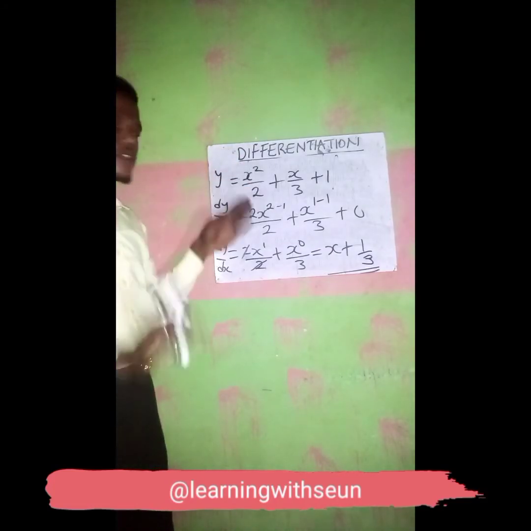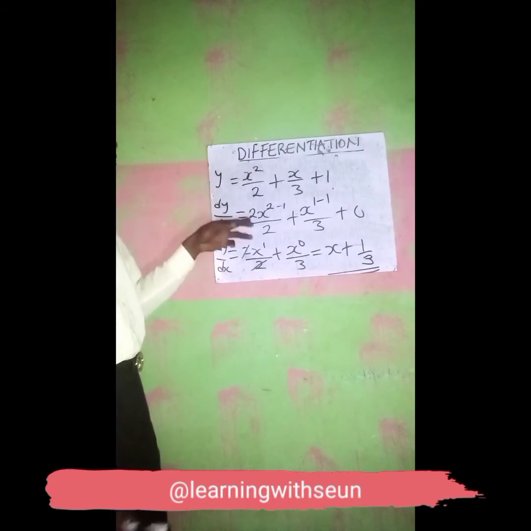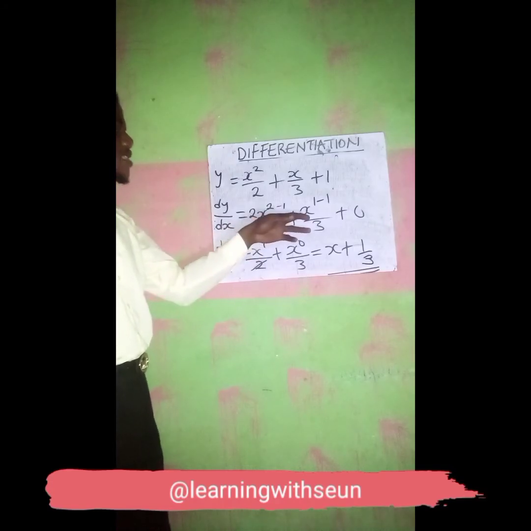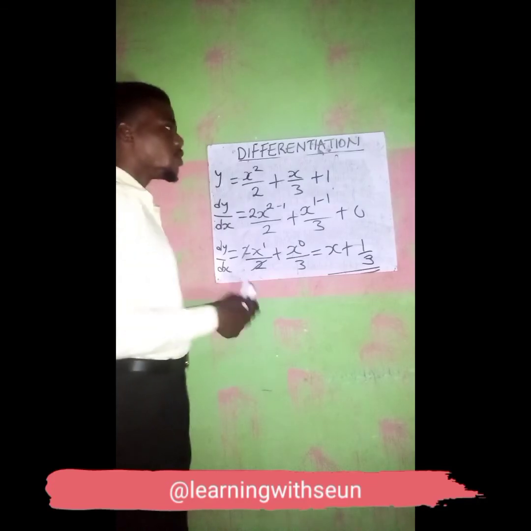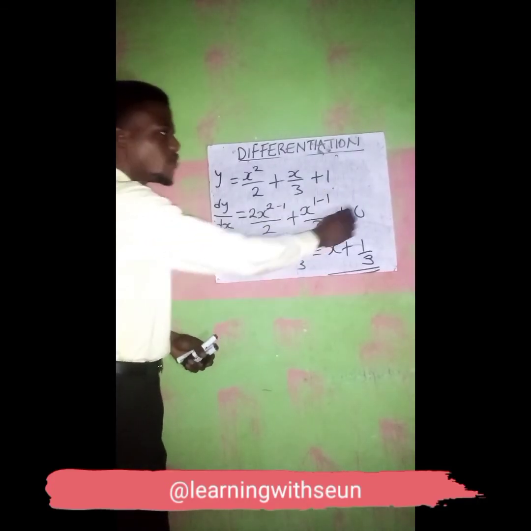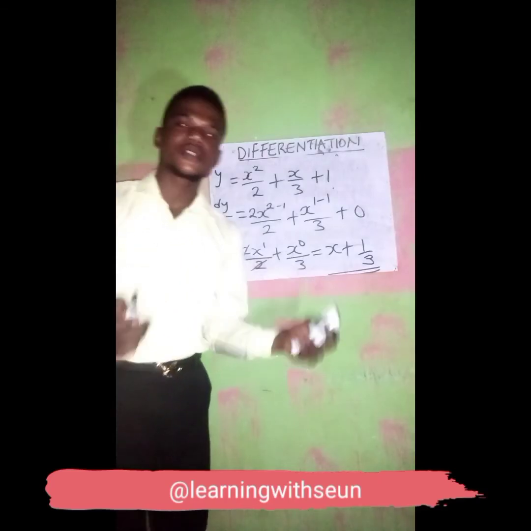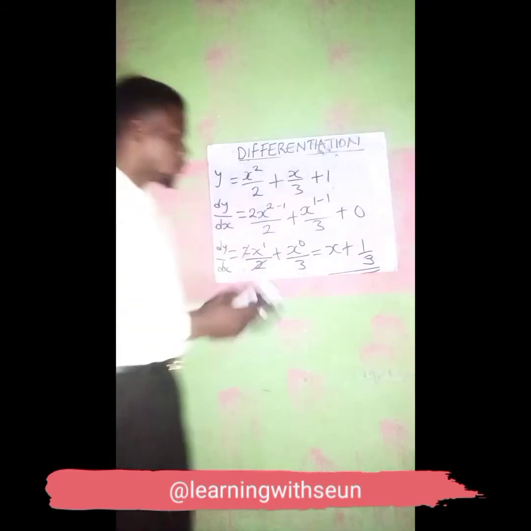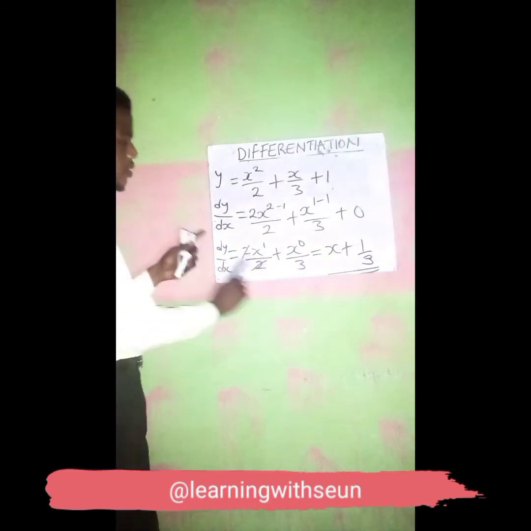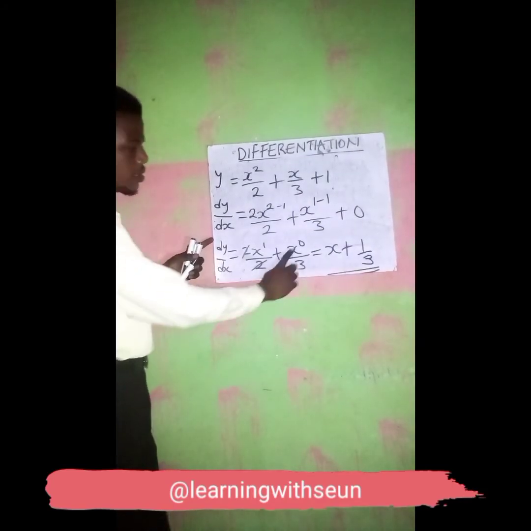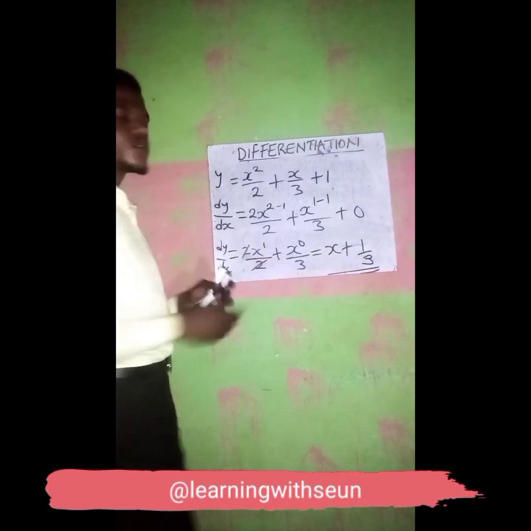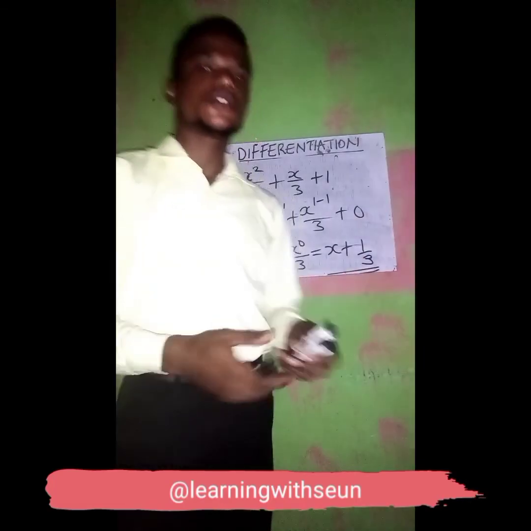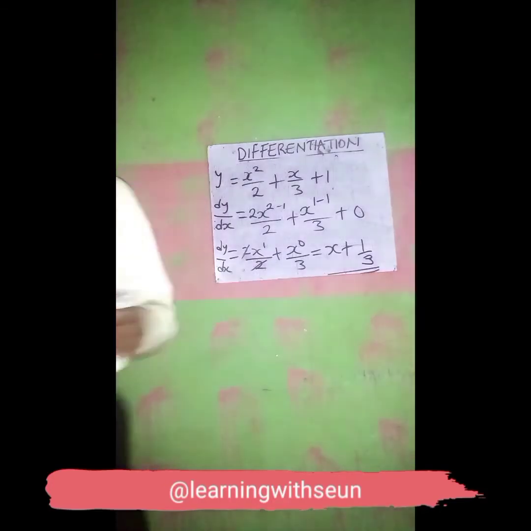You will leave the denominator, don't differentiate it. So from here, you will have 2x raised to the power of 2 minus 1 over 2 plus x raised to the power of 1 minus 1 over 3 plus 0. Because if I differentiate the constant 1, we have 0. Differentiation of any constant gives us 0. Then these two will cancel, and this x will be raised to the power of 0 to have x plus 1 over 3. This is what we call a polynomial function.